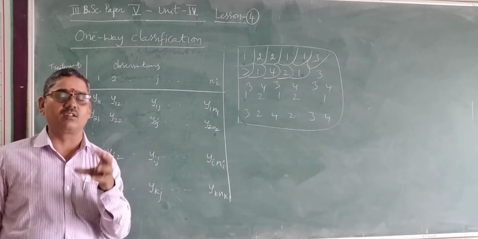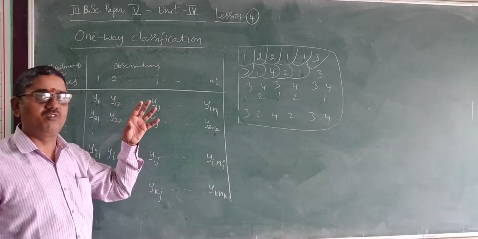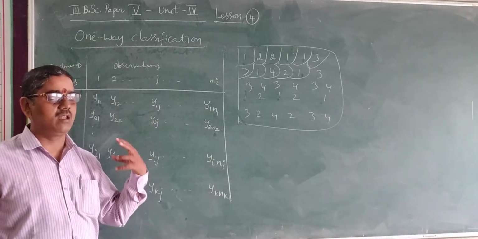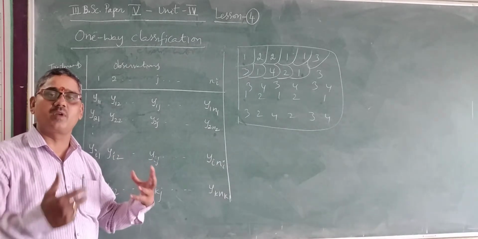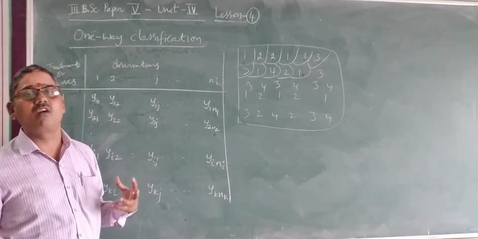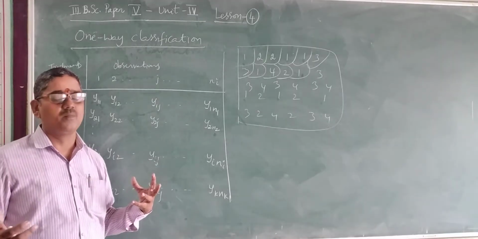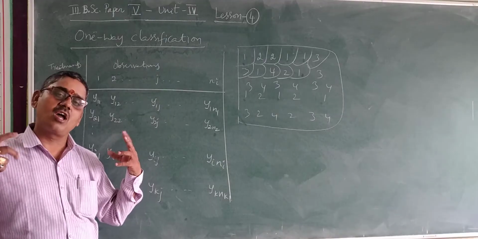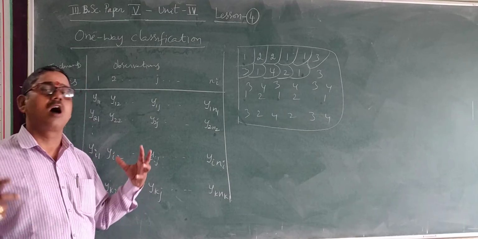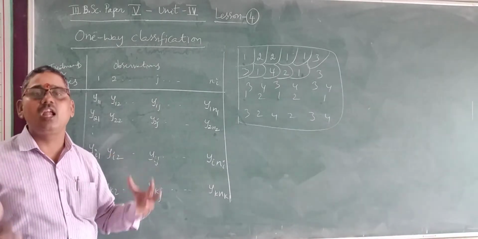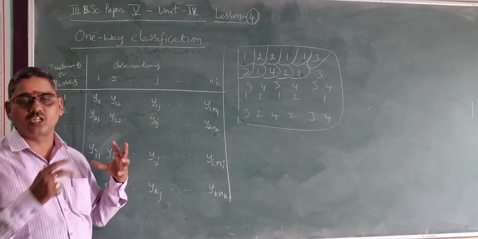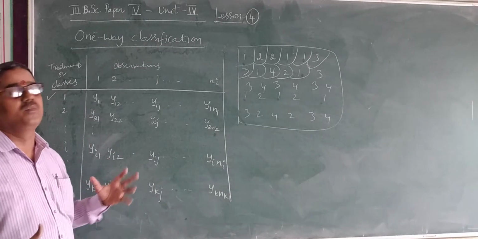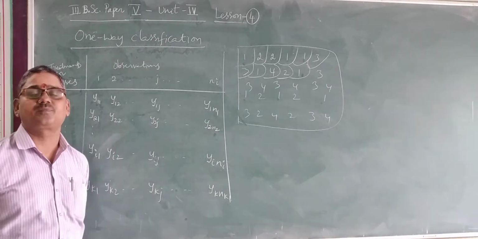The factor is one. Tabulating the observations of the yield for k treatments in this way is nothing but one-way classified data.